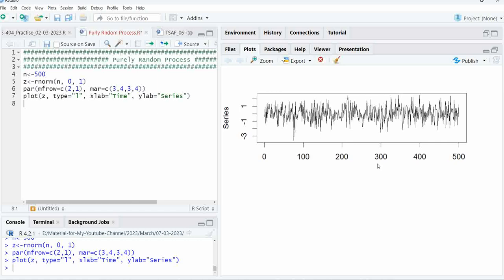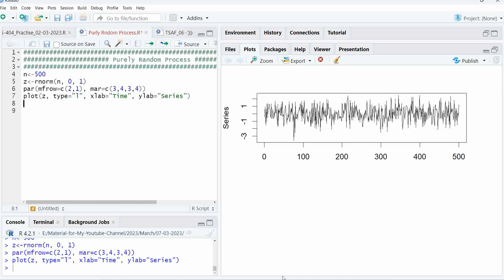Xlab is time, which should be here, and ylab is series. Now, x time is not mentioned because I just cut the margin more, because then the graphs will be very thin. But you can put 4 here and here, then you will see the time.